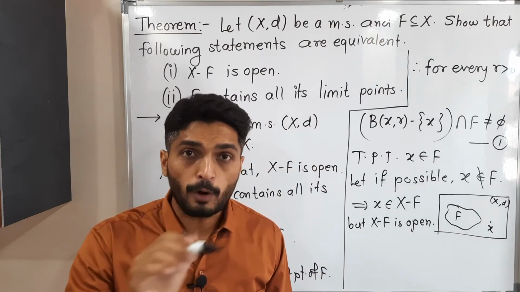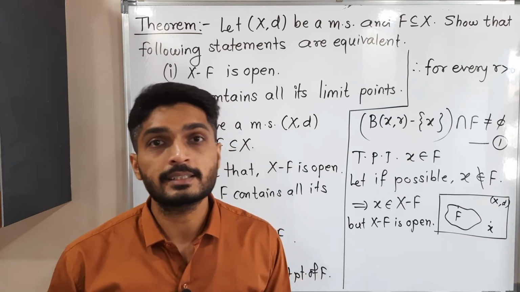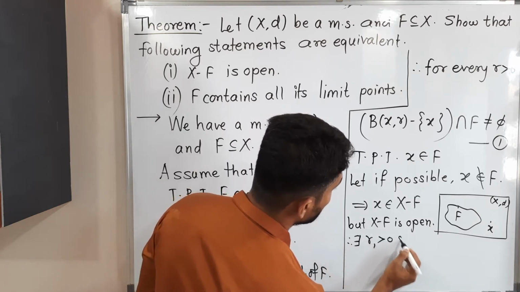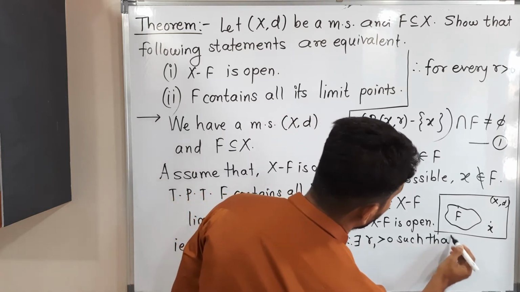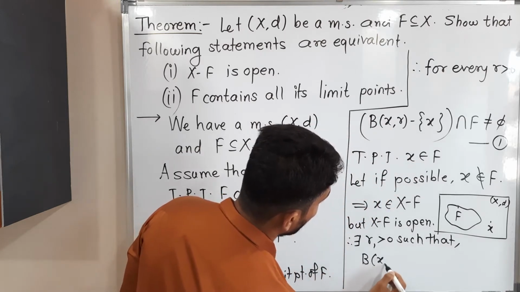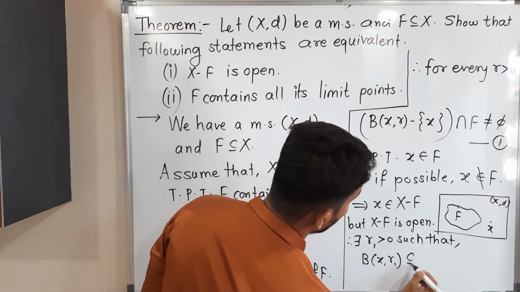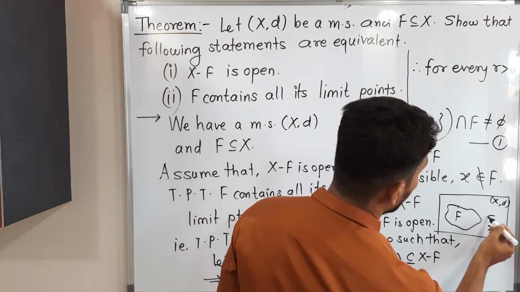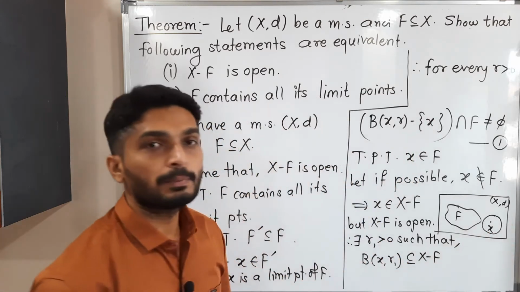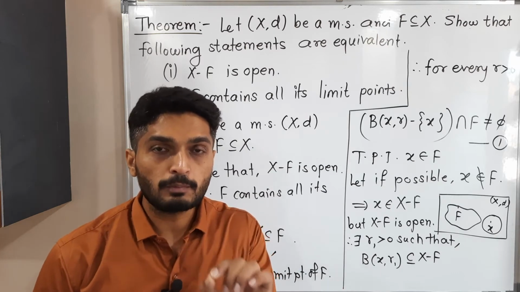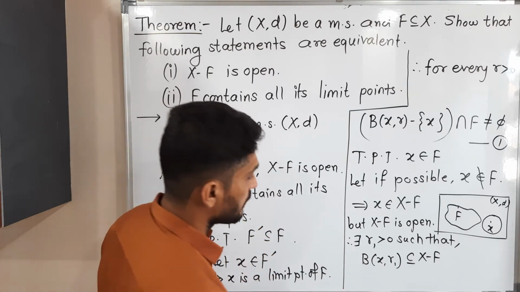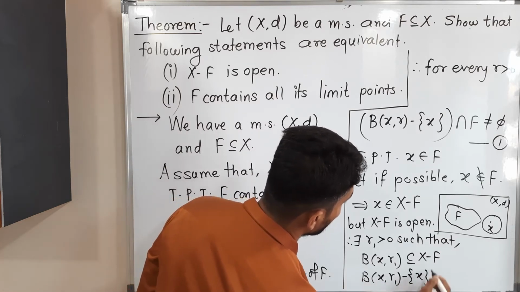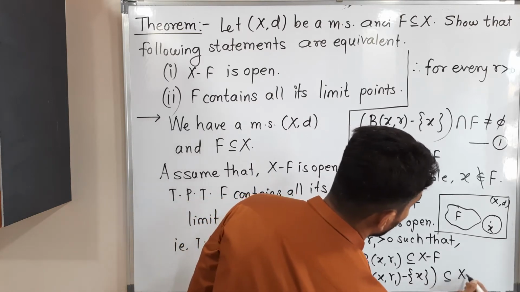It is possible to draw a ball around x which entirely lies inside the set X minus F. Therefore, there exists some radius r1 greater than 0 such that B(x, r1) is a subset of X minus F. So it is possible to find a ball around x which entirely lies in the complement of F. If you remove the center from a ball, then again it is a subset of X minus F. So B(x, r1) minus its center is also a subset of X minus F.